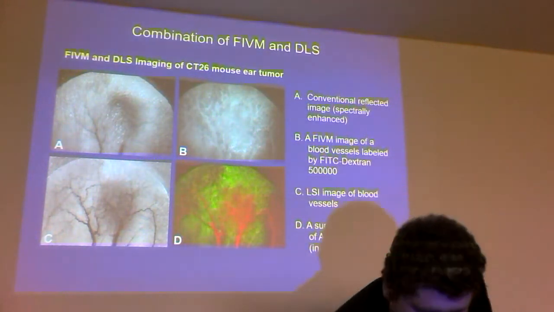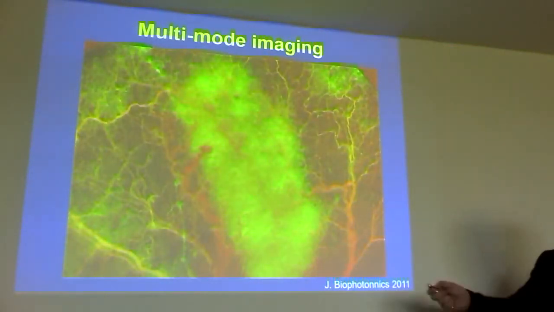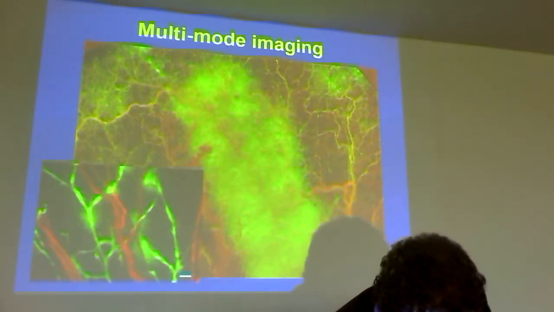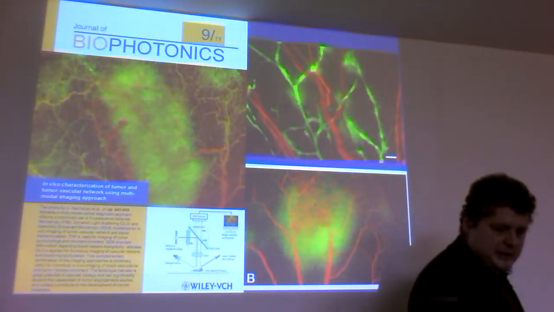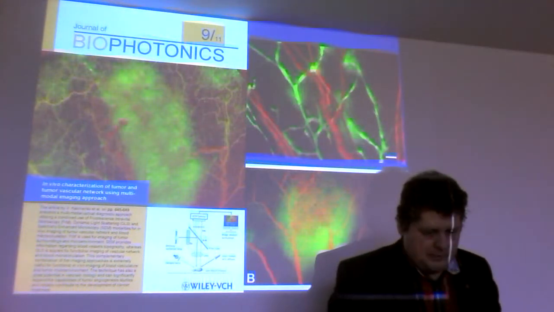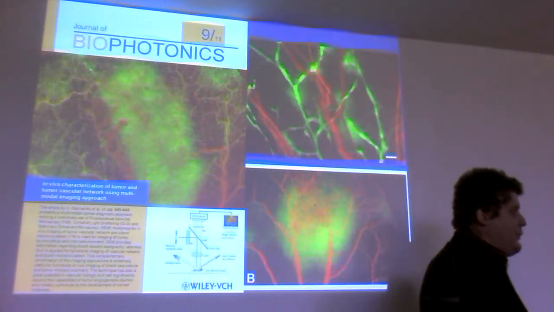We also did it for tumors, and we're able to see the tumor surroundings, blood vessels and small vessels, which was also published in Biophotonics earlier. Then we switched to the brain, and with the brain I think we have more attractive results. I think that's it.